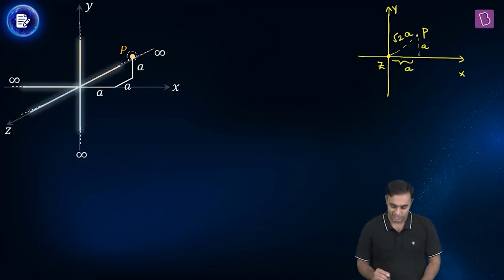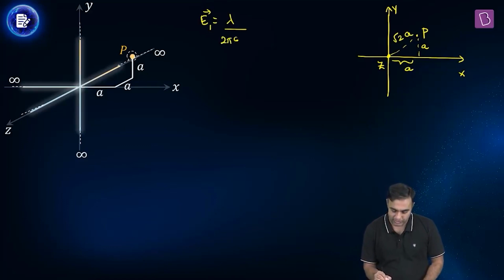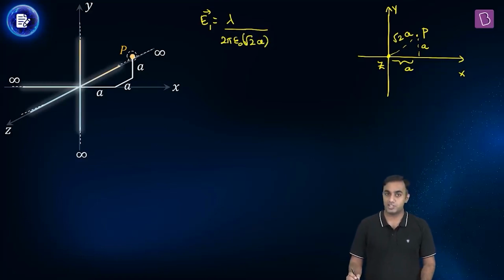In that case, if I call this E1 vector, the electric field because of this line alone, then in magnitude it will be lambda divided by 2 pi epsilon naught, perpendicular distance being root 2 A. What about the direction? Since we are considering this line to be positively charged, we need to take the direction of the field to be away from this line.